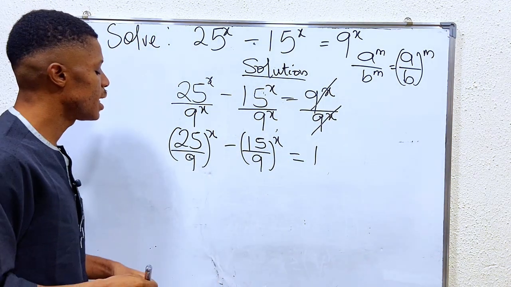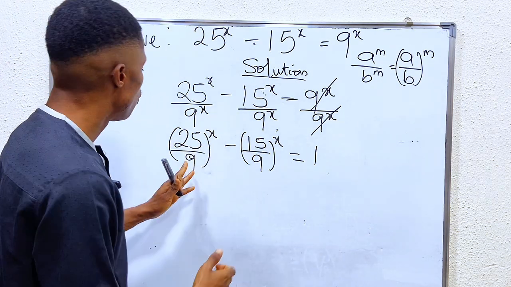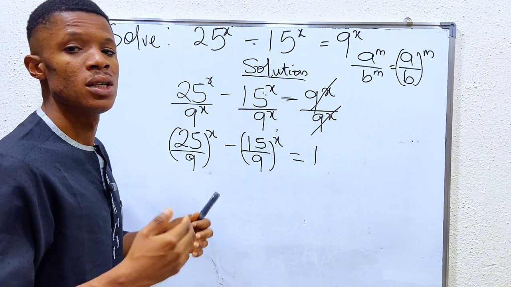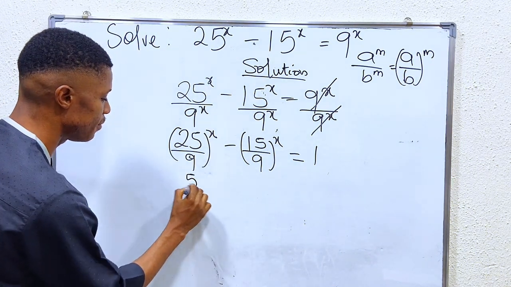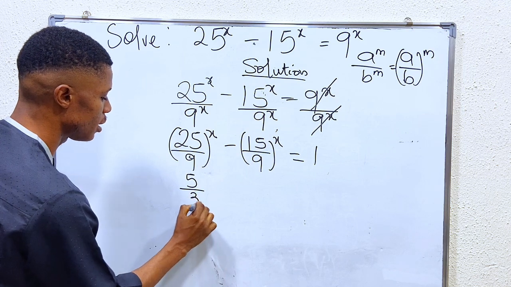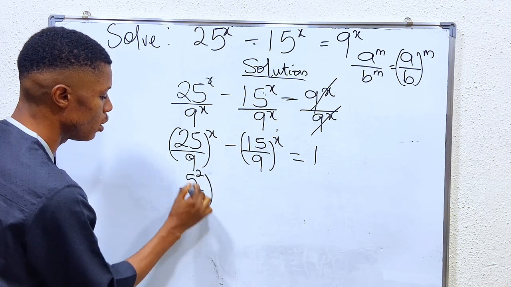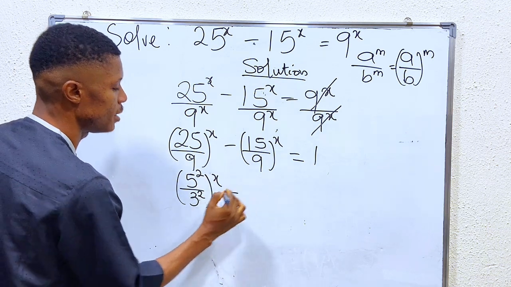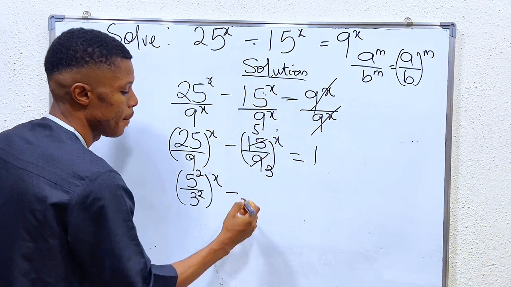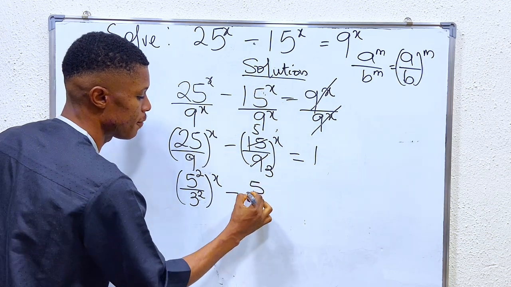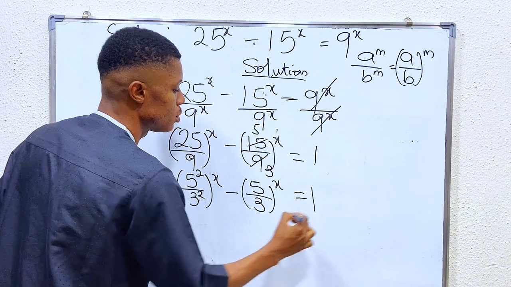Okay? So the next thing is to note that 25 can be seen as 5 squared, 15 can be seen as 5 times 3, and 9 can be seen as 3 squared. So we write it as 5 squared over 3 squared, all raised to power x, minus 5 times 3 divided by 3 times 3, that is 5 over 3, all raised to power x is equal to 1.